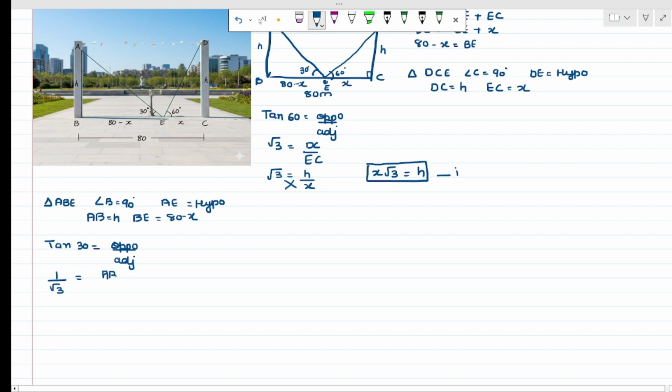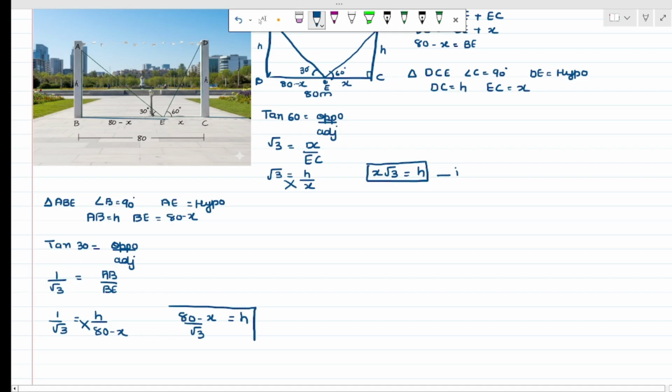It's AB upon BE. So 1 upon under root 3 equals h upon 80 minus x. Now cross multiply them. So you will get 80 minus x upon under root 3 will be equal to h.